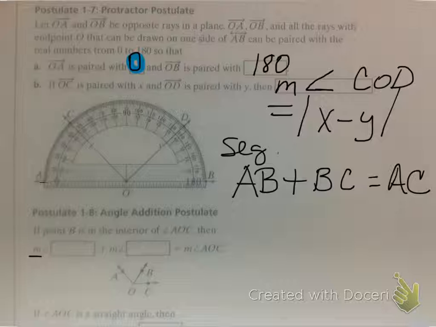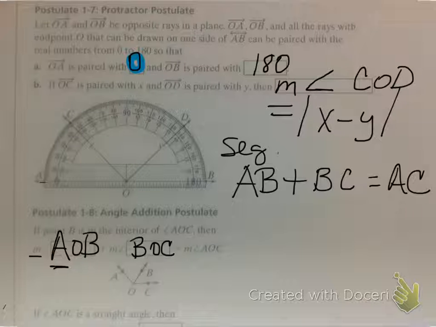Measure angle AOB plus measure angle BOC is equal to AOC. And notice you start with A, and when you add another angle, it has the same vertex of B. So you notice B is the same here, and C is at the end, so it's AOC.